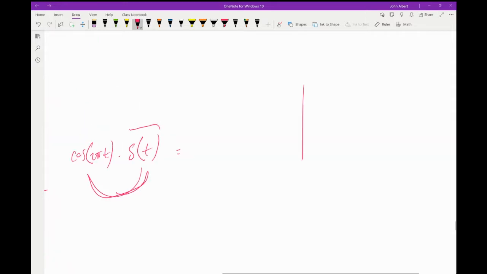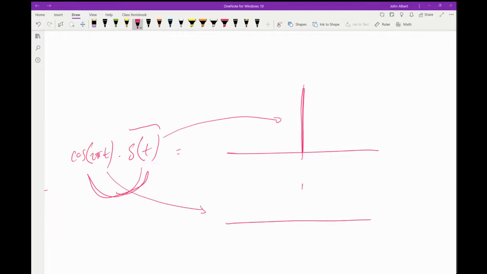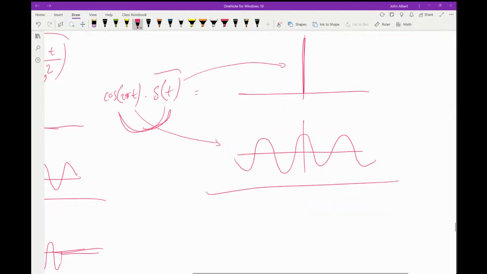And if I sketch it, let me sketch it like this. A very thin curve. This is the unit impulse function. And the cosine, I'll sketch it here. Can you tell me what is the product of those two for all t except for 0? Leave 0 for the time being. What is it equal to? 0.